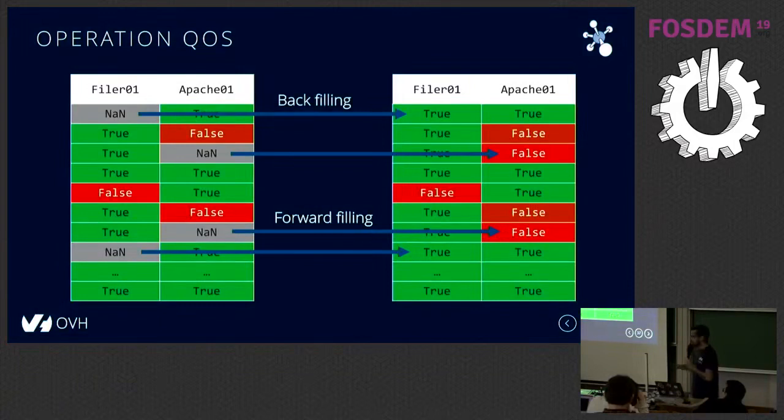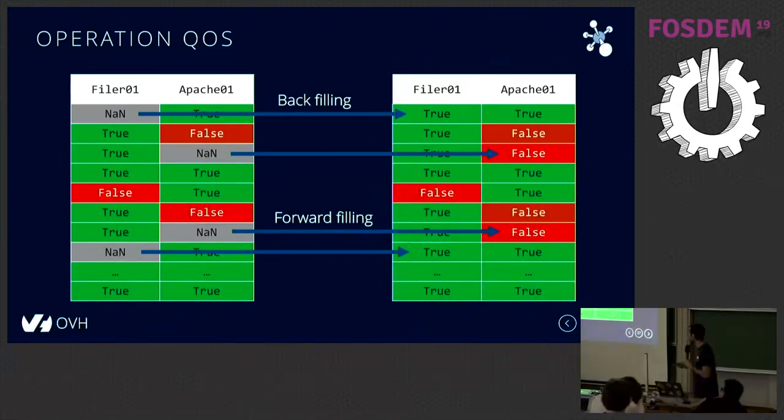We don't want gaps. In DEPC, we apply a forward-filling and back-filling operation between the rows. And as you can see, in the previous table you have a NaN value, and here we just put the false in the next rows. And when we have a NaN in the first rows, we can put the true here with the backfill operation.